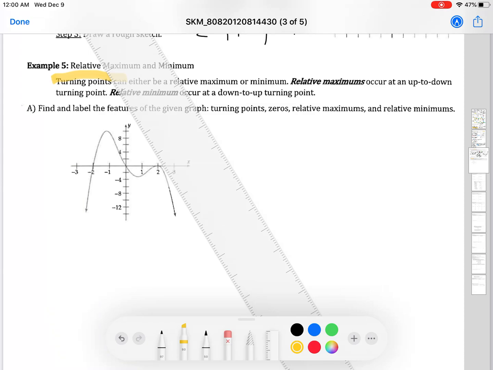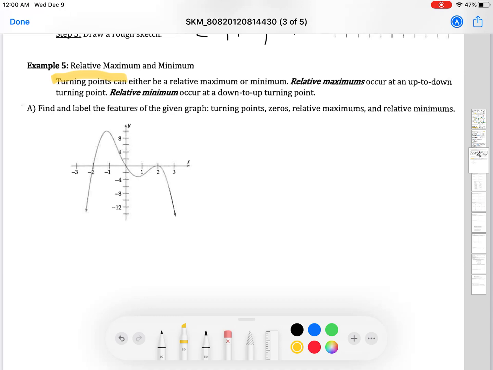Anytime the ruler flips from increasing, like a positive slope, to going down, like a negative slope, that's where we switch. A relative maximum can occur when it goes from up to down, and a minimum occurs when it goes from down to up.